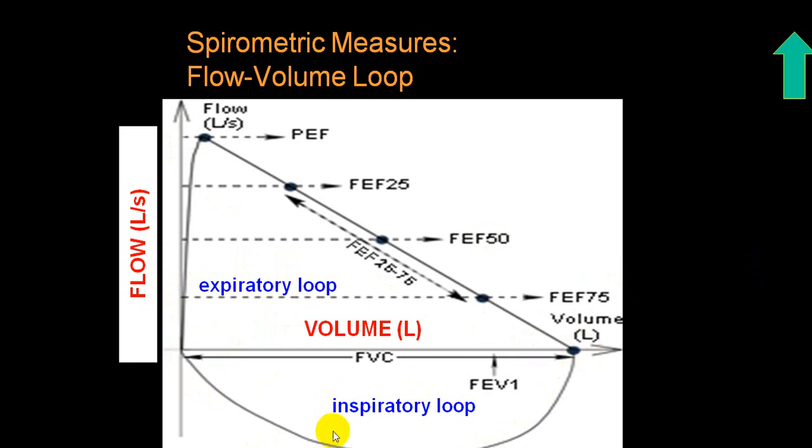If this loop is normal, inspiration is normal, and during expiration, if there is any change, it gives you an idea regarding obstructive, restrictive, etc. So looking at the expiration and inspiration, this is volume, FVC, and this is indirectly what we call FEV1. This is indirectly flow, and this is an inspiratory loop.